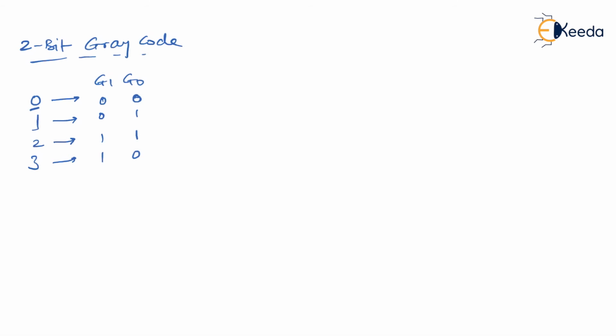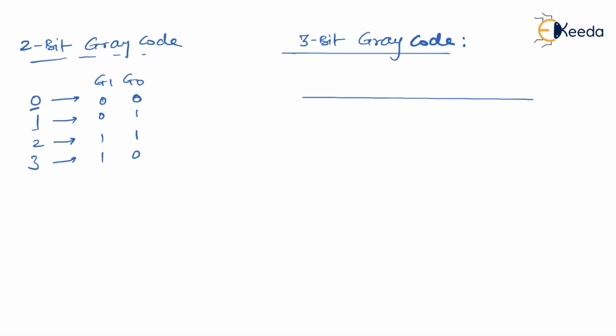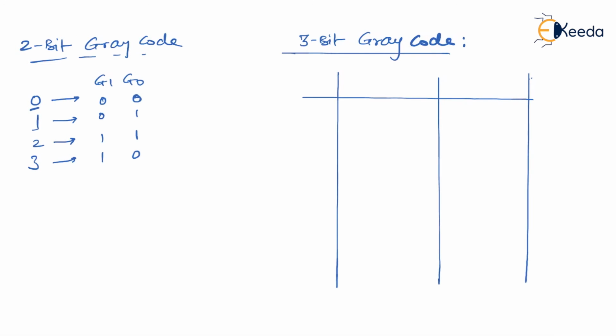This is how we write 2-bit gray code. So let's switch to 3-bit gray code. Since there is provision of 3 bits, there are 8 possible combinations. Therefore we get 8 decimal digits here. So I'll write all 8 decimal digits from 0 to 7.